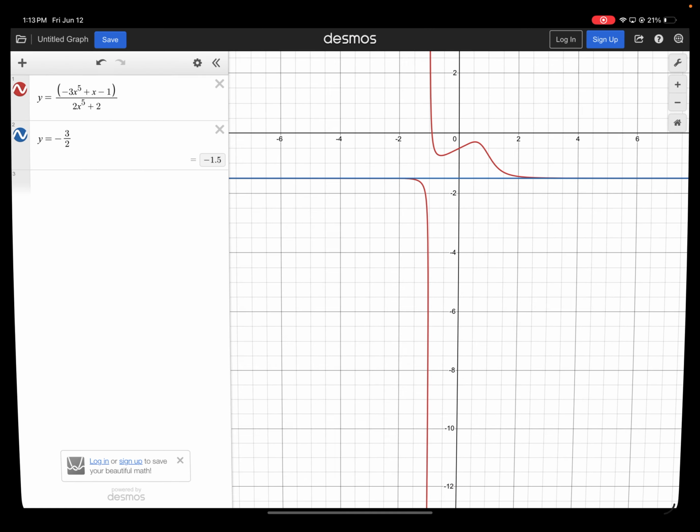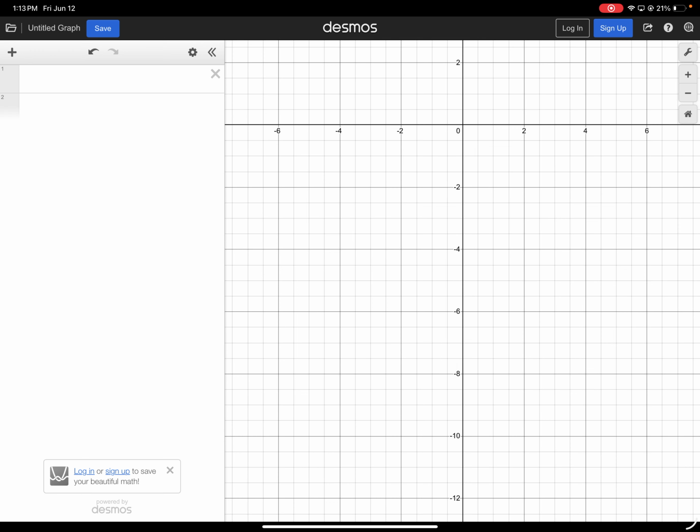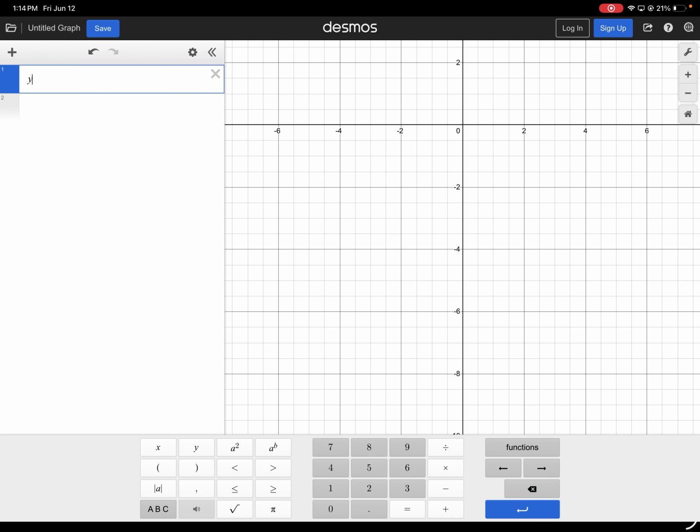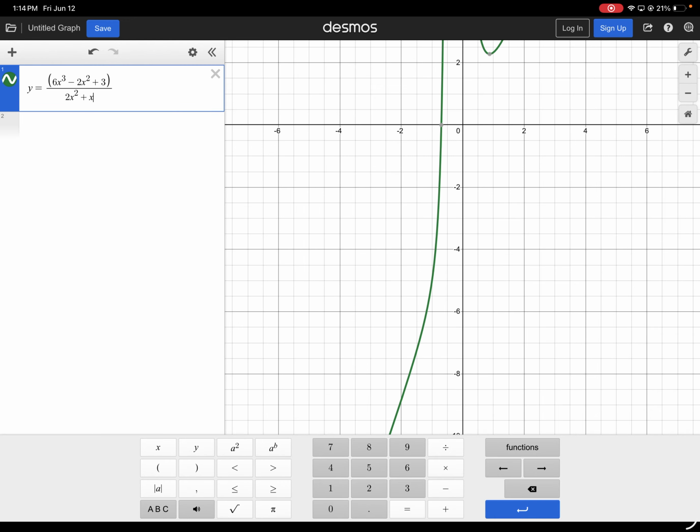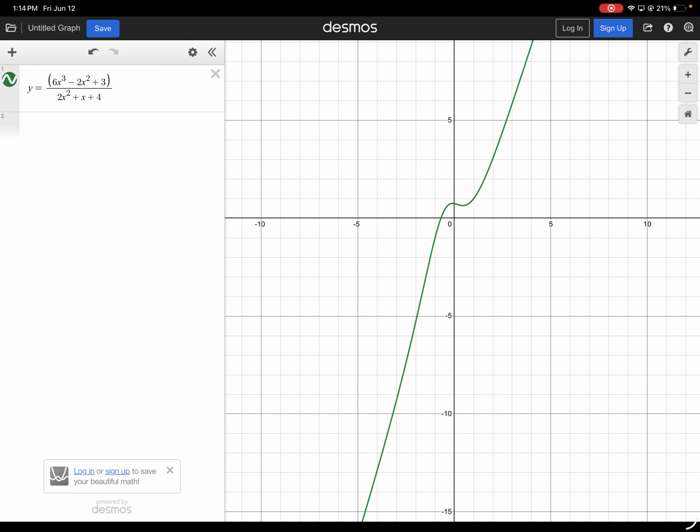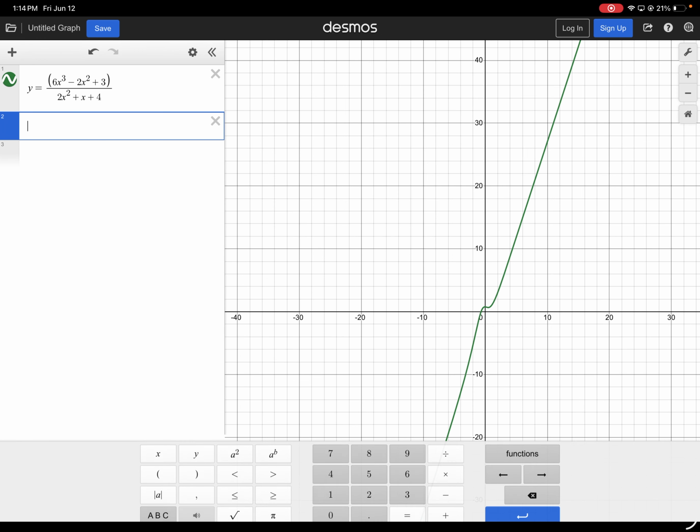If we go and do the long division, so doing what we were doing earlier, we have to do polynomial long division here, right? We think, what times 2x squared would give us 6x cubed? That'll be 3x. And then we distribute.